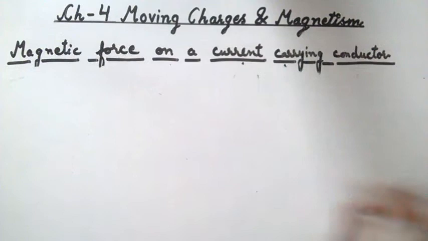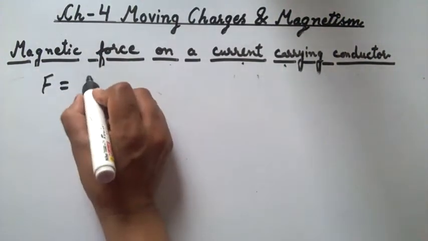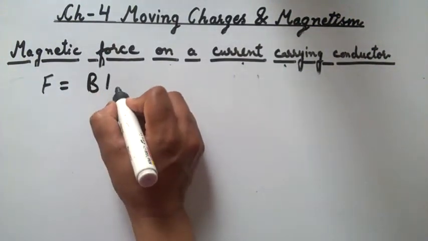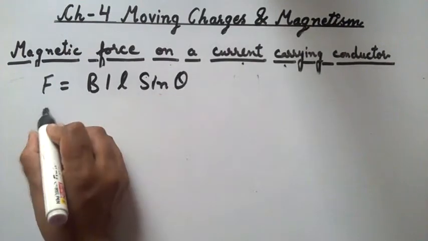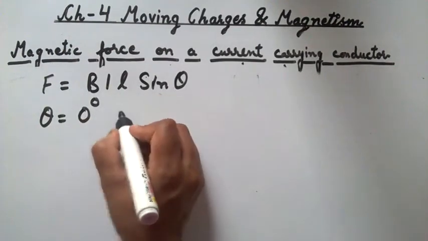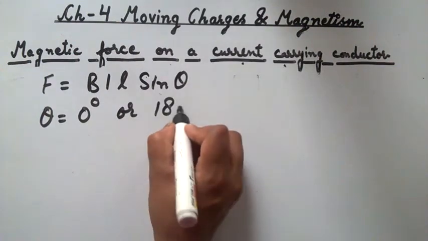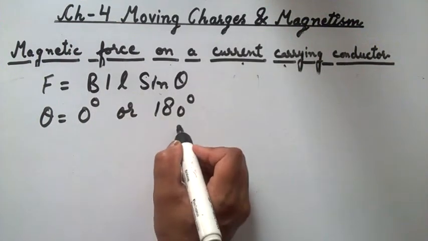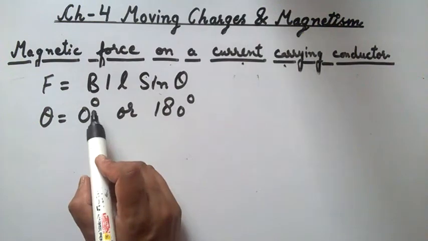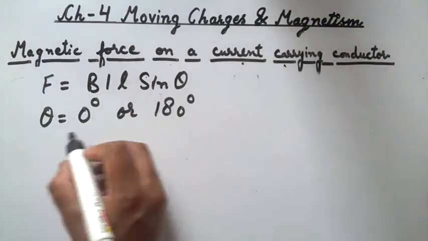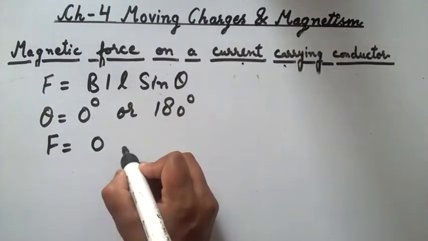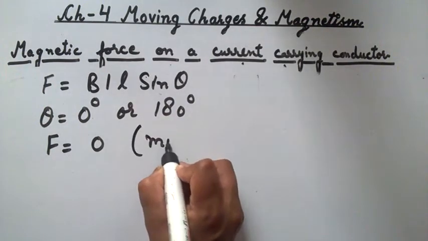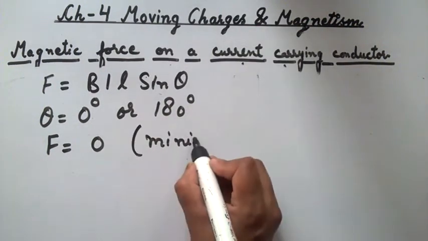If theta is 0 degree or 180 degree, this we have also studied in Lorentz force, then the force will become 0, as sine 0 or 180 is 0, therefore the force experienced will be minimum.